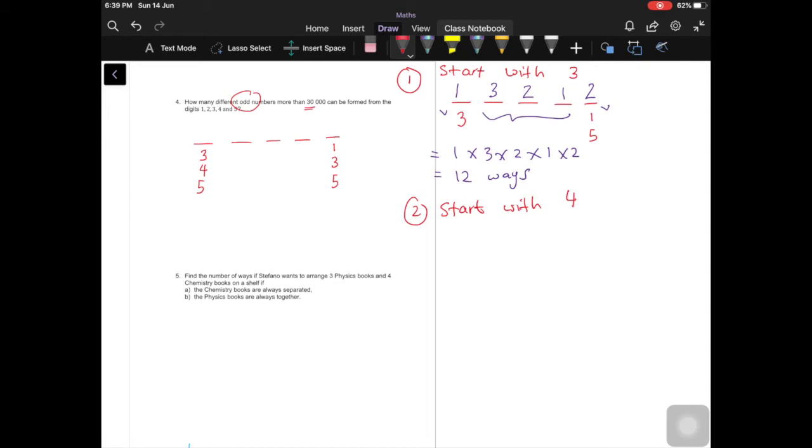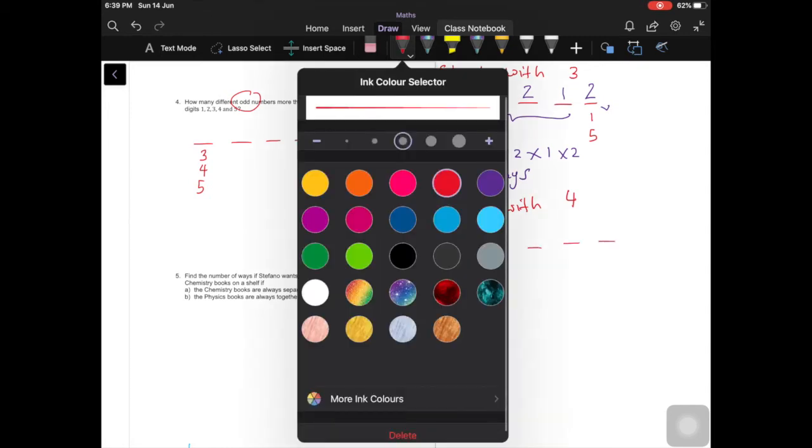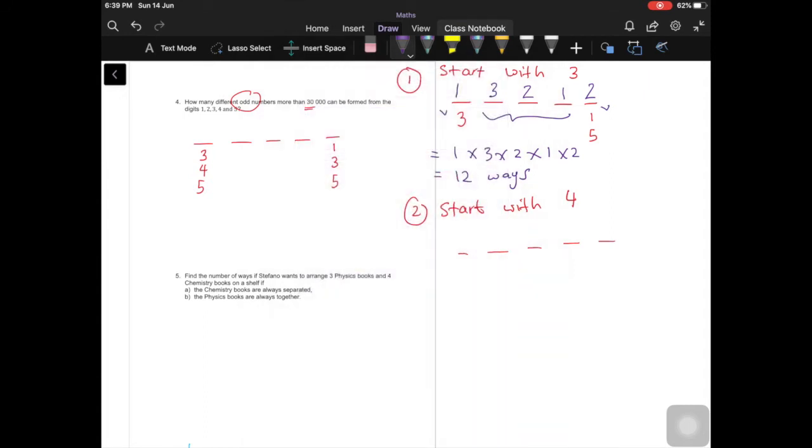For the second case, the number will start with 4. We do the same as the first case. The first digit we put in is 4, so the last digit has 3 options: 1, 3 and 5. The last digit we put in 3, because we have 3 options, either 1, 3 or 5.